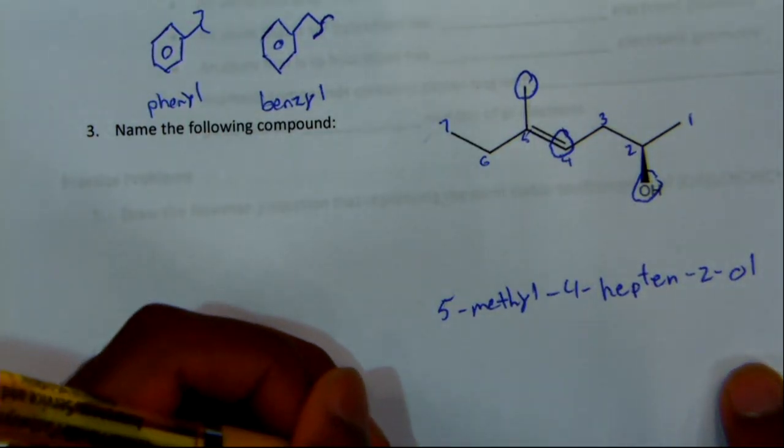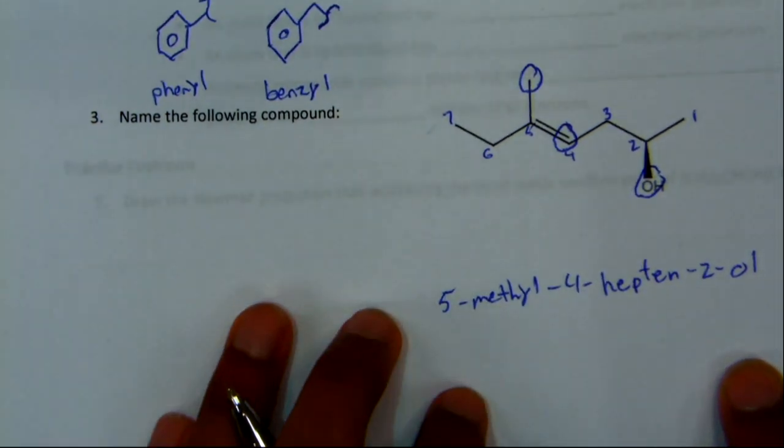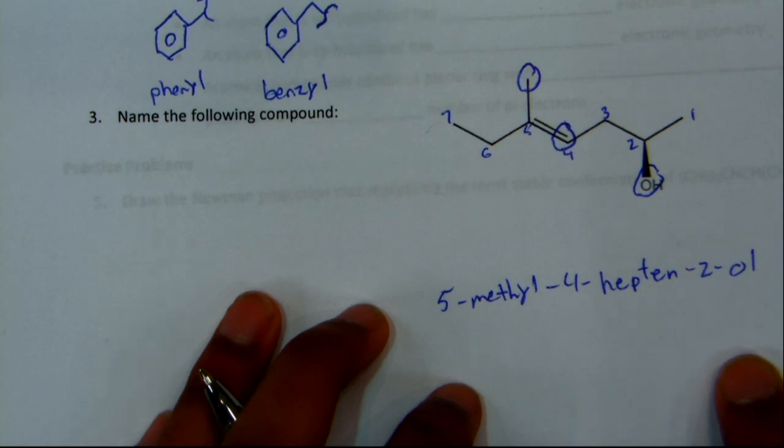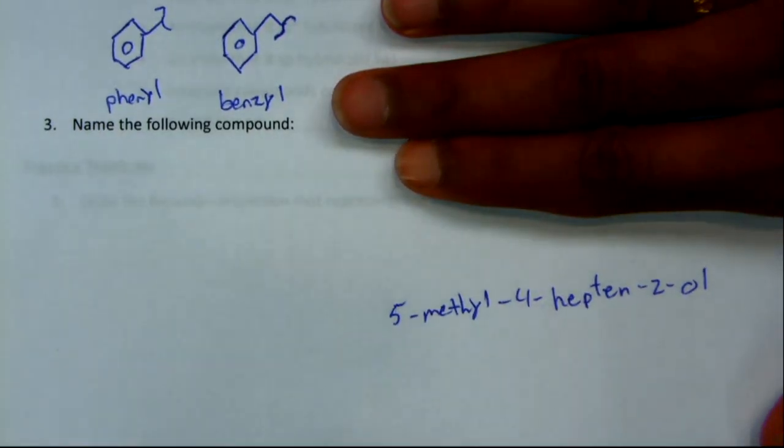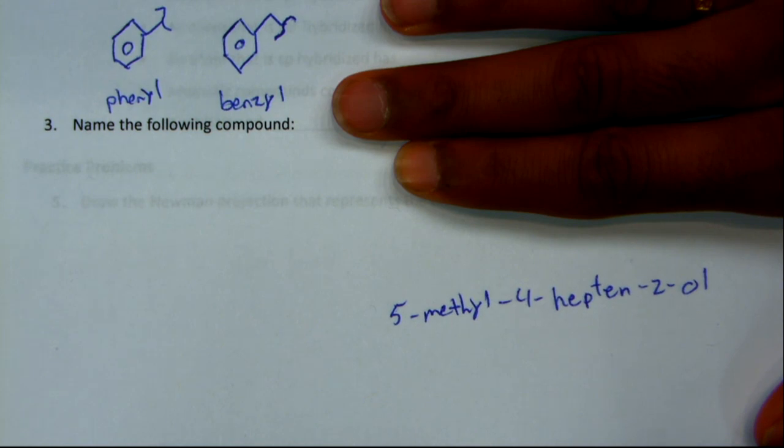So that's that part. Does that make sense? A way to check yourself on naming, if it was asking me to name the structure, is I'll cover up that structure and ask, can I name it off what I just wrote? And if I can't, then I probably did something wrong. Does that make sense? It's just a way to check yourself.